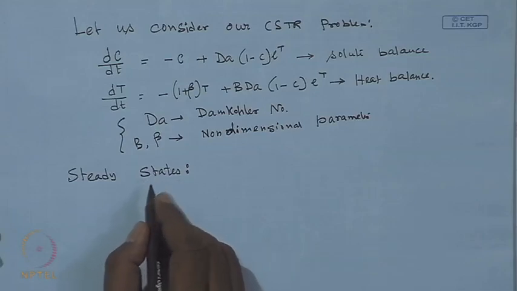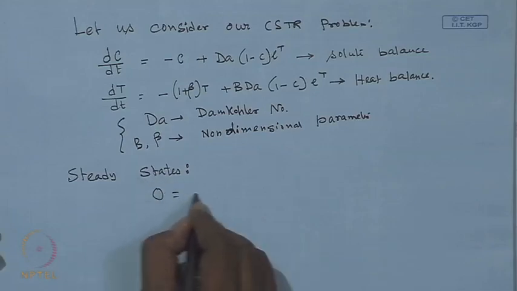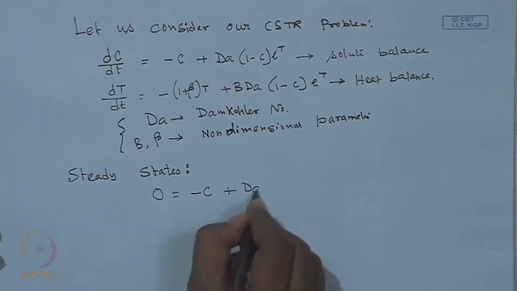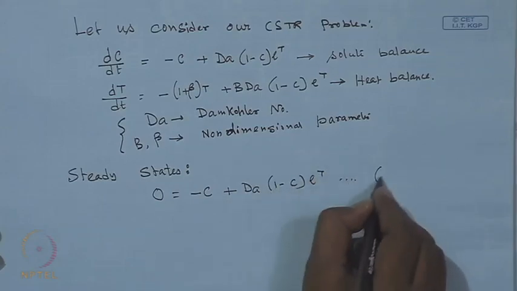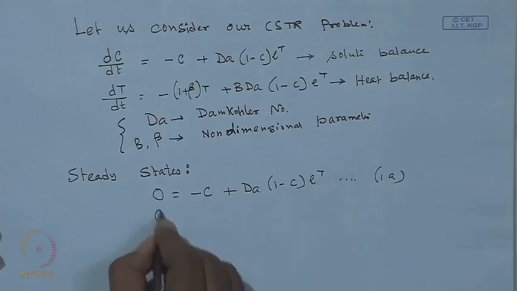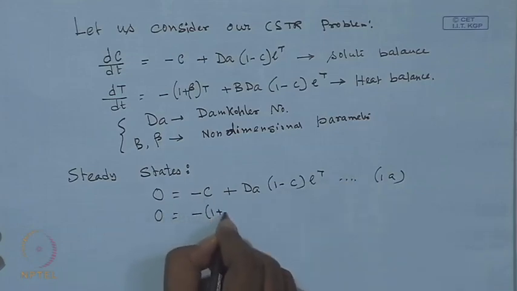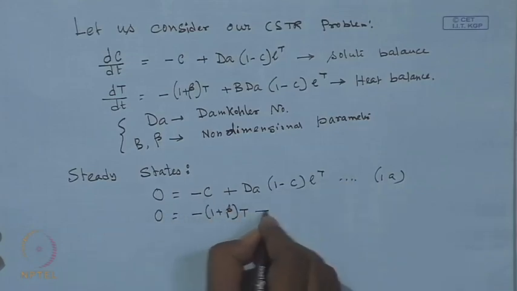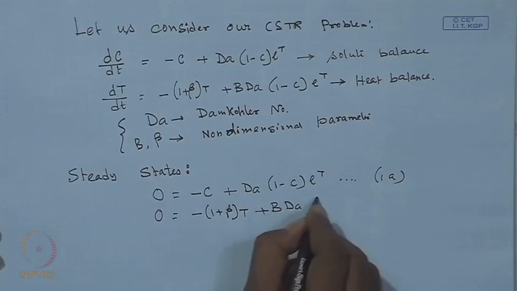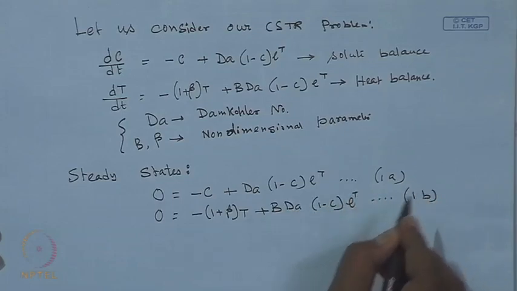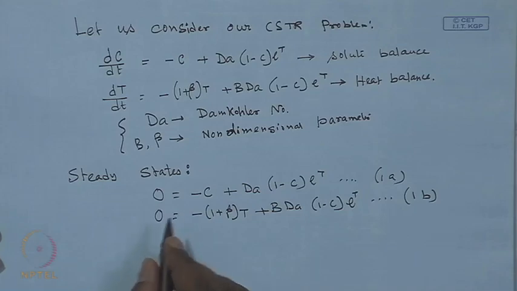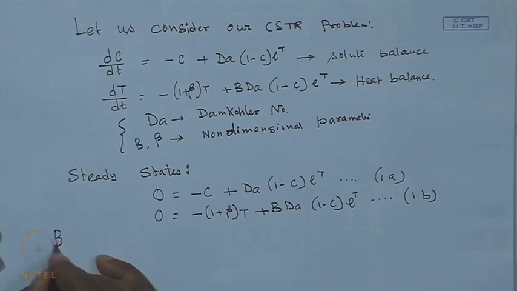The steady states will occur when the time derivatives are forced to equal 0. So, the steady state will be obtained by putting 0 equal to minus C plus Da (1 minus C) e to the power T. This is equation 1a. And 0 equal to minus (1 plus beta) T plus B Da (1 minus C) e to the power T. This is equation 1b.